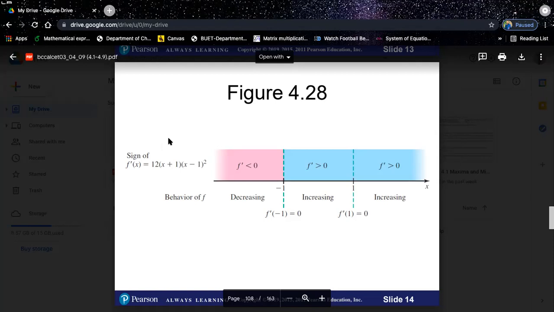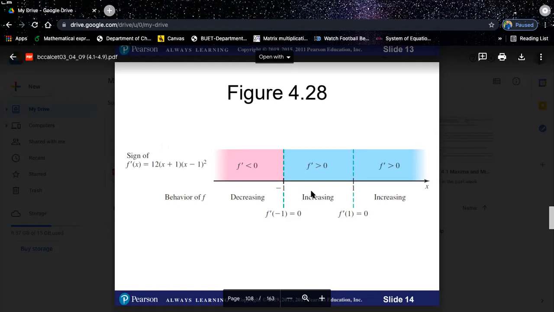So at -1, we can see it goes from decreasing to increasing. It was decreasing initially, and then afterwards it starts increasing.